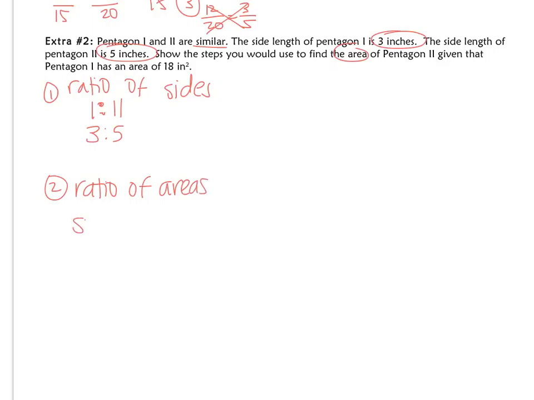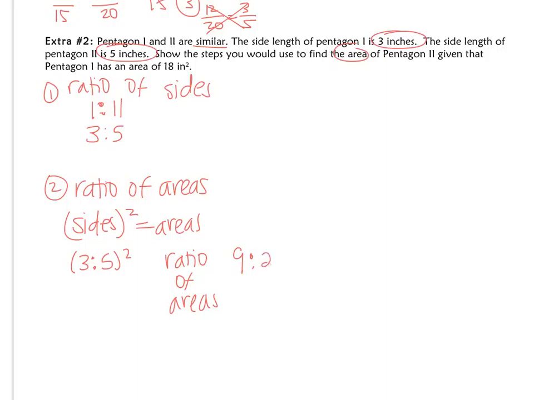Now you need to remember that the ratio of the sides squared is going to give us the ratio of the areas. So the ratio of the areas is not 3 to 5. Instead, I take that 3 to 5 and I square it, which means that the ratio of the areas is 9 to 25. Again, this is pentagon 1 to pentagon 2.